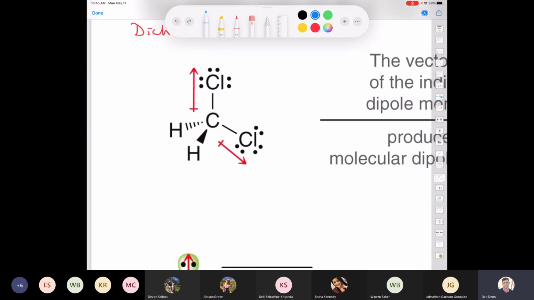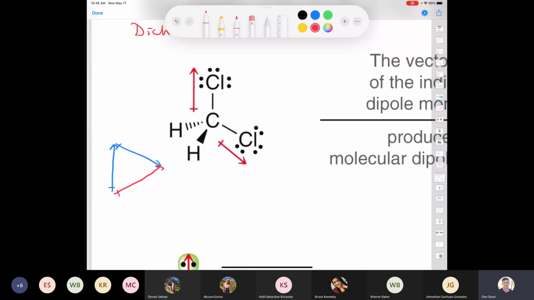Now, if I have 2 vectors pointing like this, and another one pointing like this, what if I add those 2 vectors together? I'm not an expert at doing this kind of thing, but if you were to add those 2 vectors together like this, what's the resultant vector? You're going to have a vector going off in this direction.